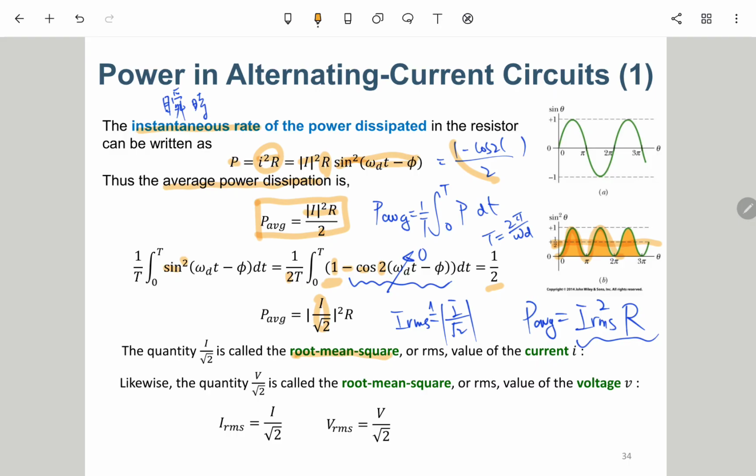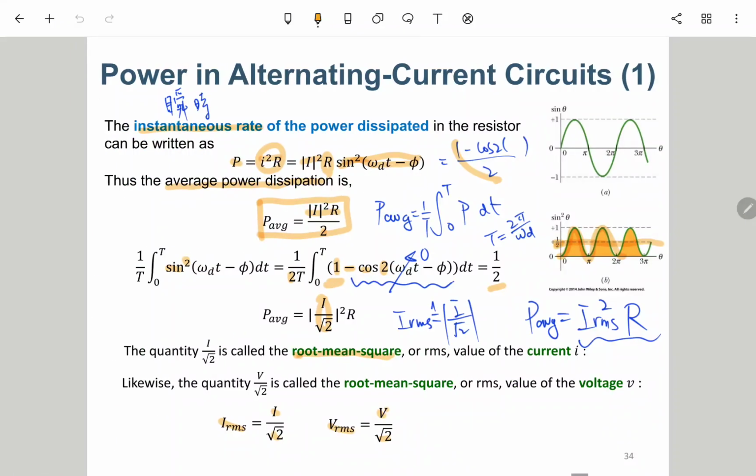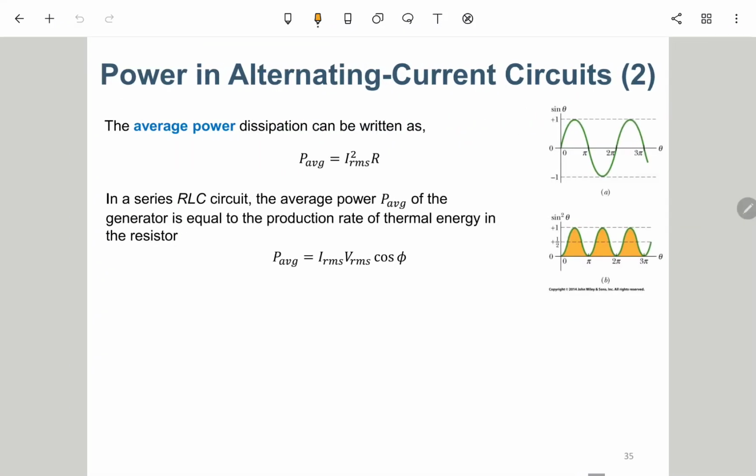So in this case, we can define IRMS to be I over square root of 2, and also VRMS to be V over square root of 2. So for that case, P average can be written as IRMS squared R.